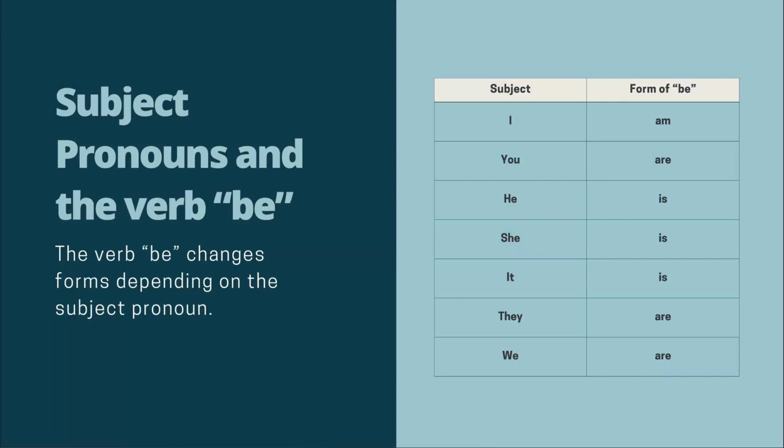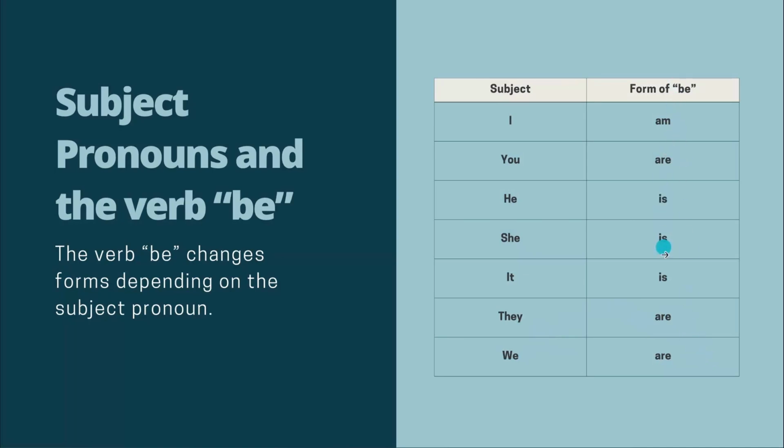So let's have a look at the subjects and then the form of be that we use for each subject. So like we know, we use am as the form of be. You, we use are. He is. She is. It is. They are. We are.